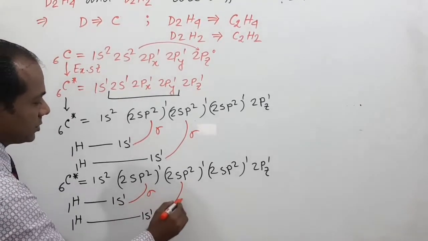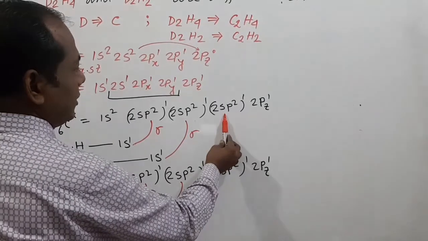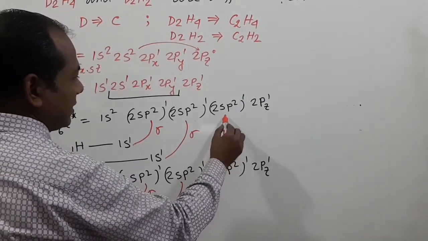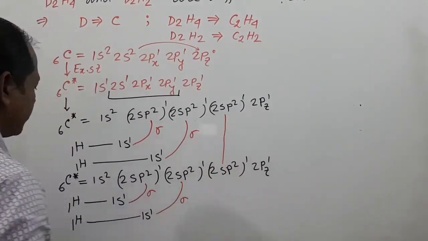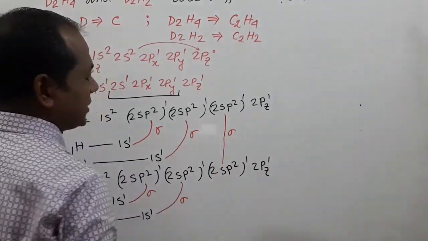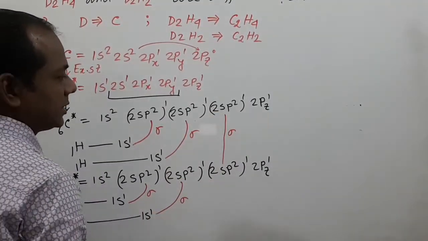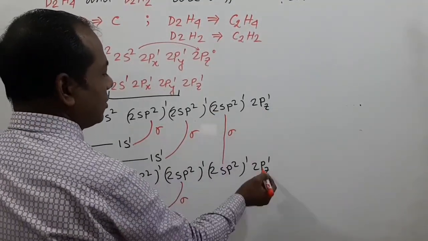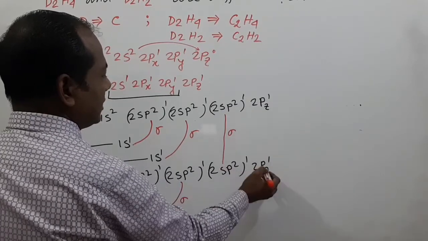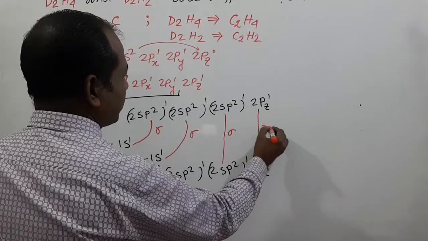One sp2 hybrid orbital overlaps with another sp2 hybrid orbital of carbon. This is also face-to-face overlap because both are hybrid orbitals, and this non-hybrid orbital overlaps with the other non-hybrid orbital, 2pz1, 2pz1. This is a pi bond, my dear students.